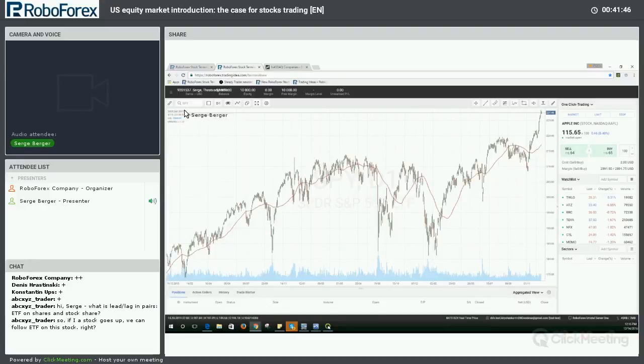Let me just give you a little bit of an example. So let's say we take a simple resistance line, and you can see how orderly the market trades, continuously does a good job at breaking out of consolidation phases.